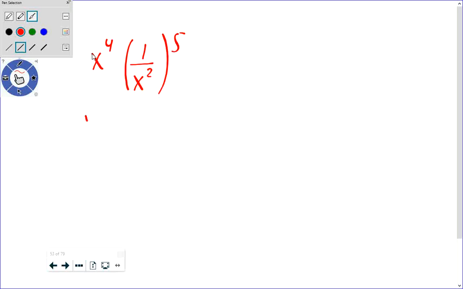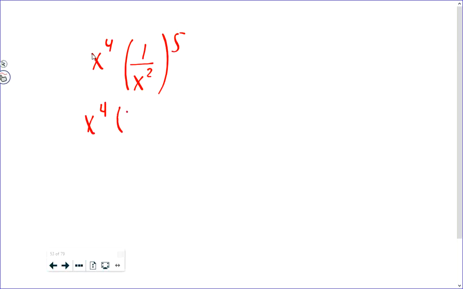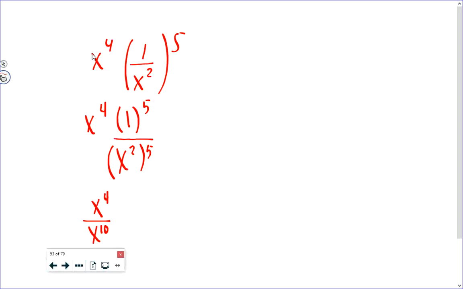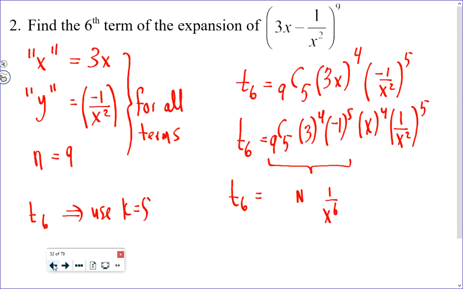When you have 1 over x squared to the 5, that means you have 1 to the 5 over x squared to the 5. We're ending up with x to the 4 over x to the 10, which is 1 over x to the 6. So this is our answer right here. Again, it's not a true answer because you still have to figure out, if you care, what 9 choose 5 times 3 to the 4 times negative 1 to the 5 is.